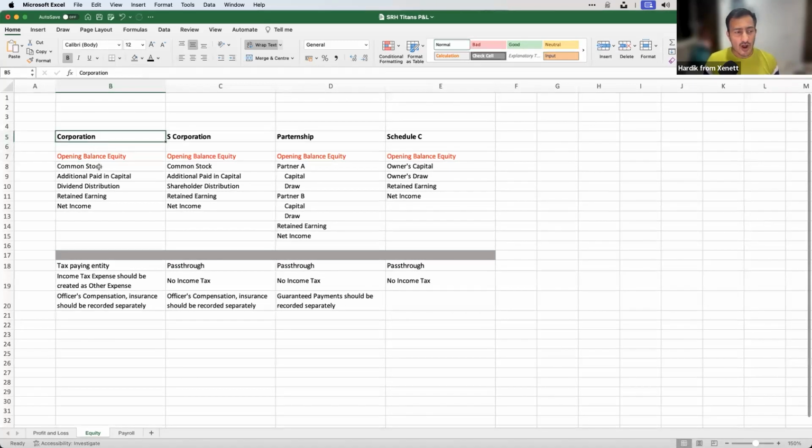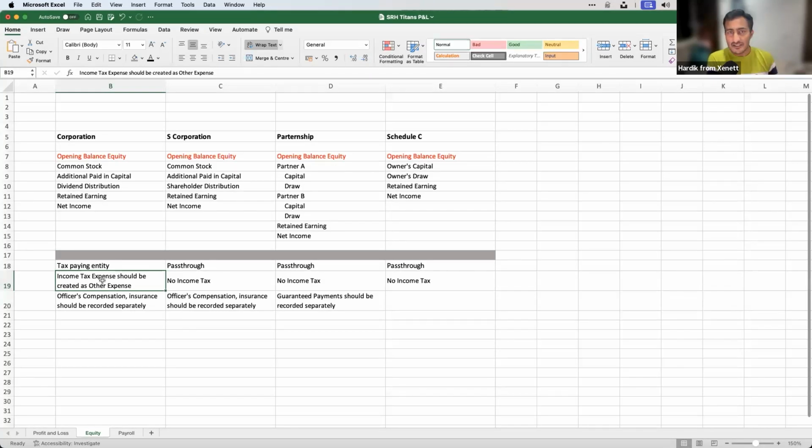So in the case of a corporation, it will be paying income tax at the federal level and at the state level as well. Whenever those tax payments are made, we also need to make sure that we book those expenses accordingly in the profit and loss account, correct?